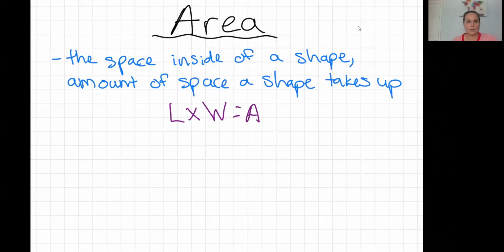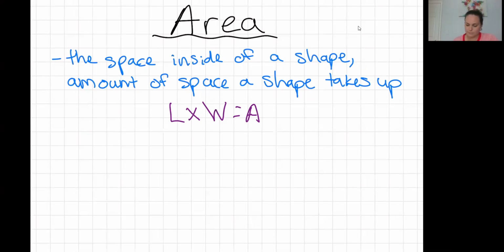So what we're doing when we're finding area is we're counting the squares that are inside of a shape to help us figure out what that area is, how much space it takes up. And we use that using square units. And that's why when you hear people talking about area, they say feet squared or centimeters squared, because they're counting those squares. And those squares might be in feet, they might be in centimeters, they might be in kilometers, depending on what you're measuring as far as the distance.